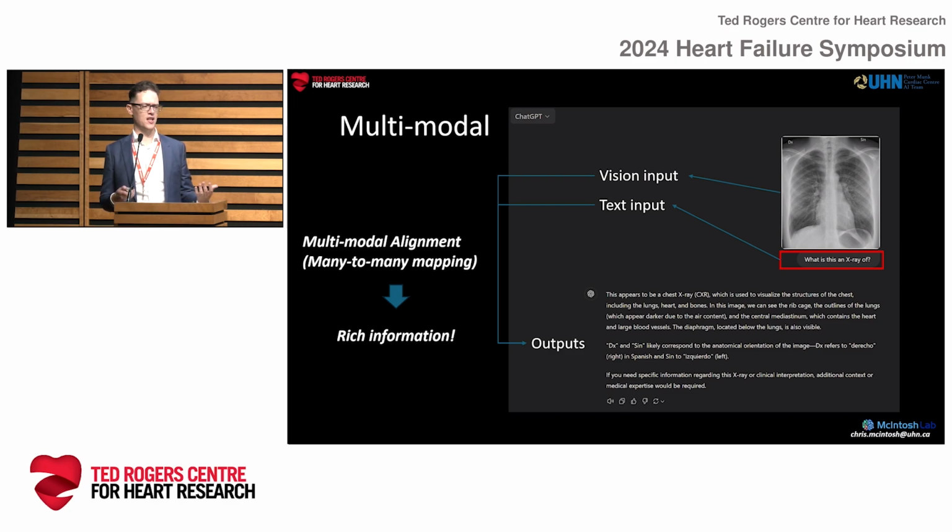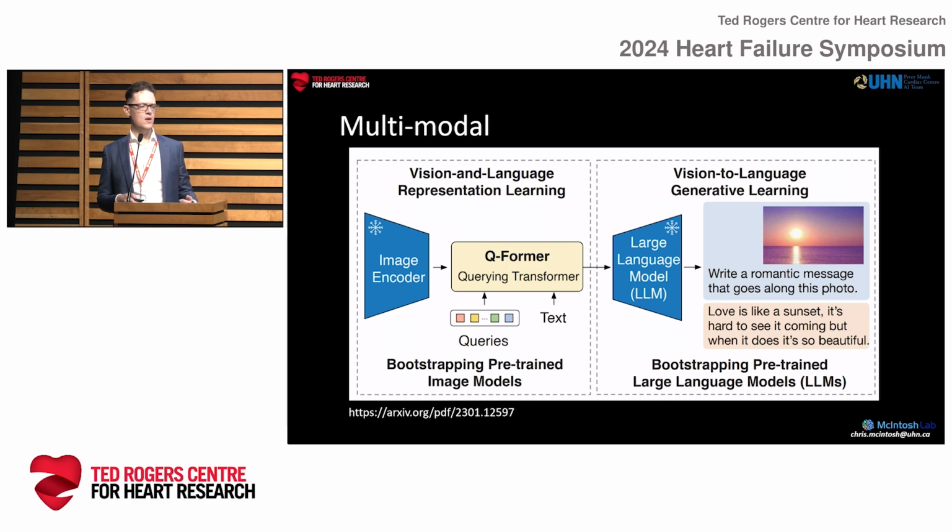But this is the beginnings of what multimodal means. So how does that actually work? This is the main idea of how it works. We're going to stick with these black boxes for AI, and that's okay for now. We have an image encoder like before, a deep learning algorithm on the far left that takes the image as input. We have a large language model, something like ChatGPT. And in the middle, we're just going to train what you can think of as a translator.